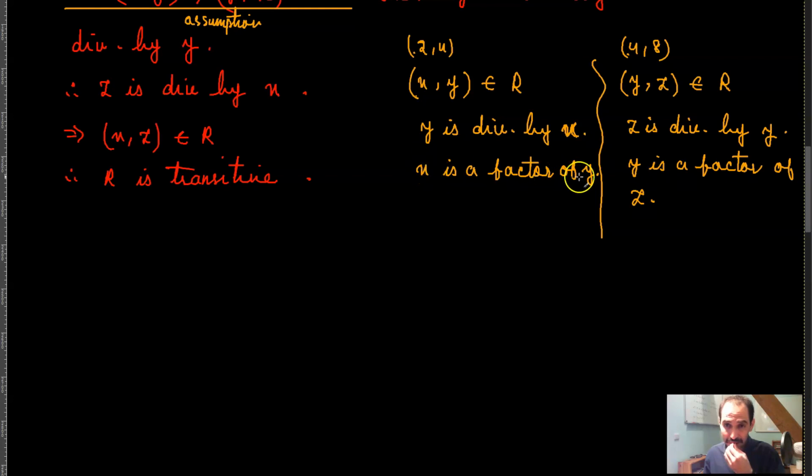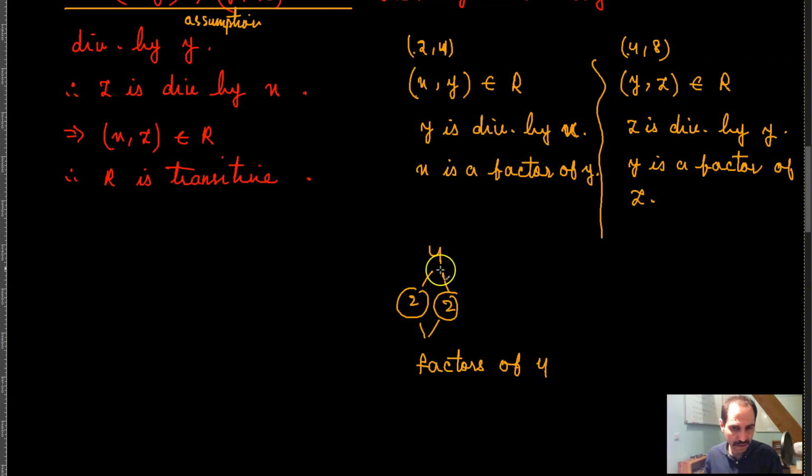So when I say that x is a factor of y, this 4 over here is y, and this x over here is 2. So I'm saying that x is a factor of y, meaning that if I factorize 4, I will get 2 times 2. So these two are called the factors of 4, because I got these two factors by prime factorizing 4.